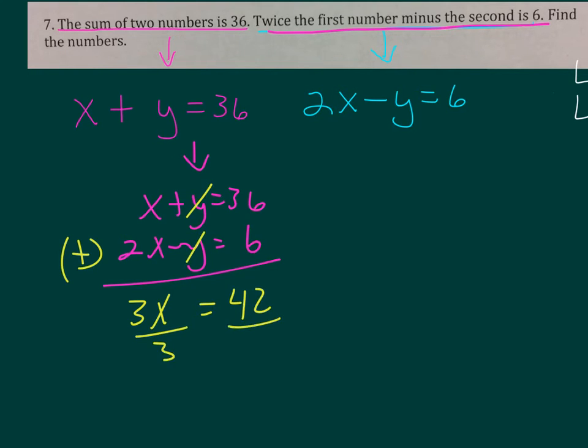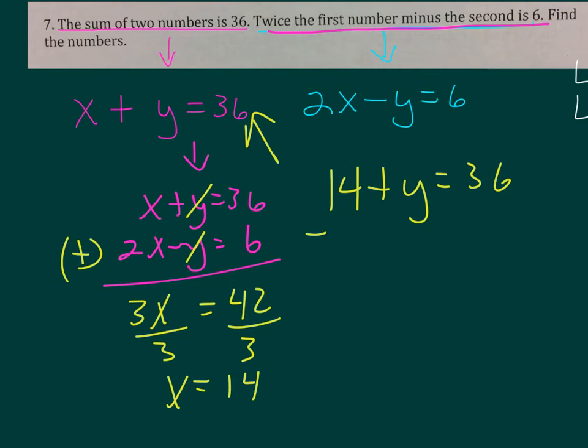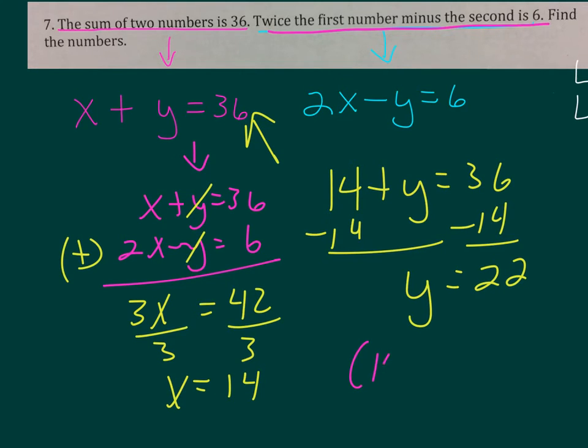Divide by 3, and x is equal to 14. You know what? I'm going to plug it back into this one. So 14 plus something is equal to 36. Minus 14, and I end up getting y is equal to 22. Therefore, my two numbers are 14 and 22.